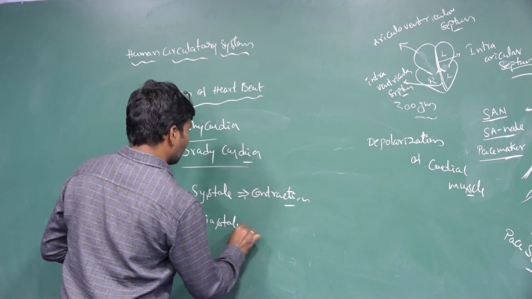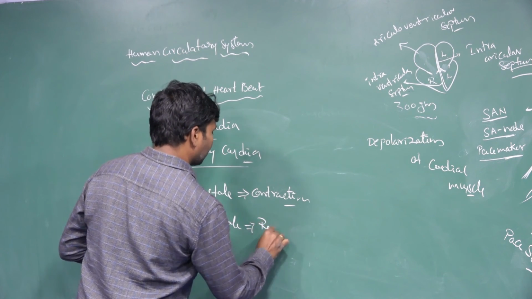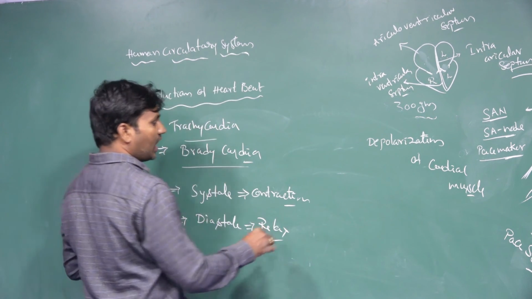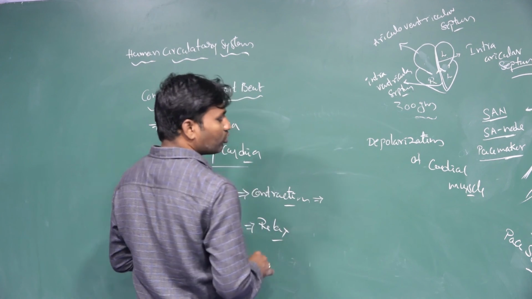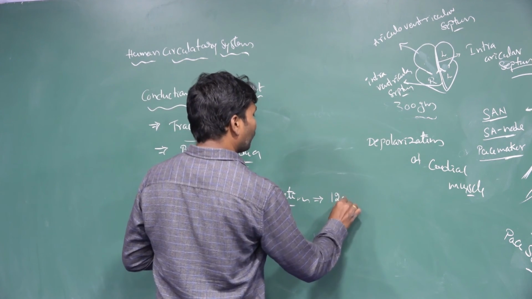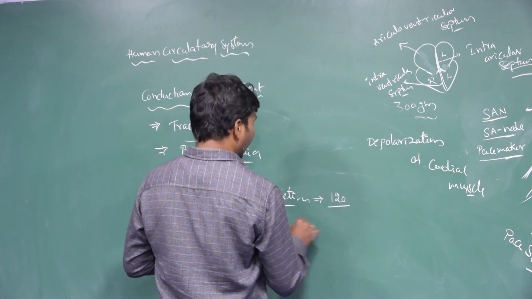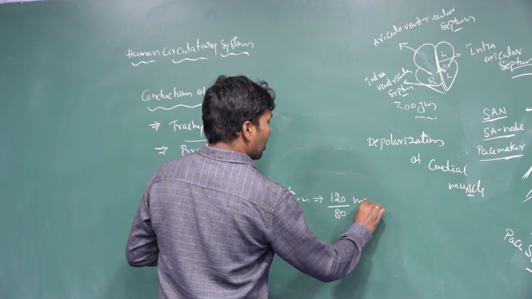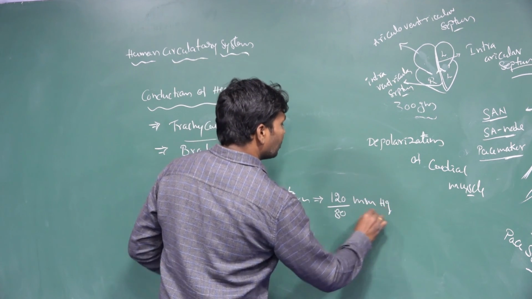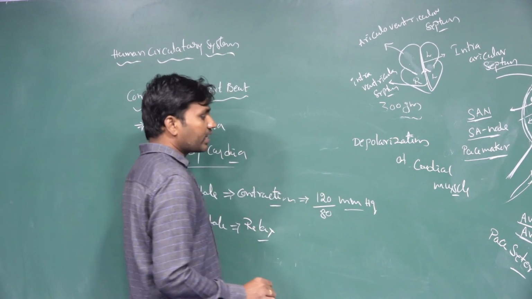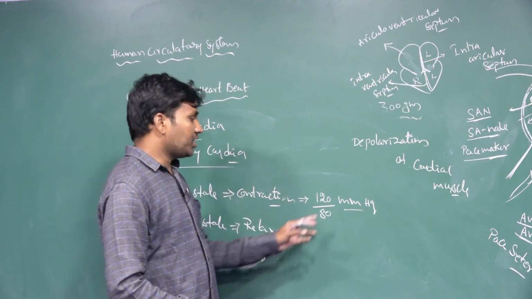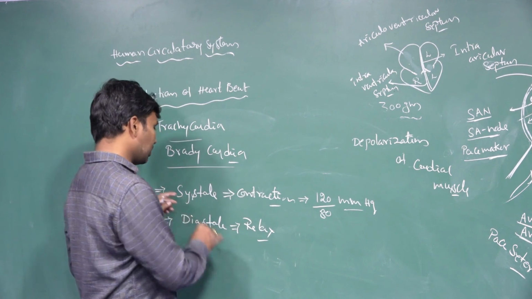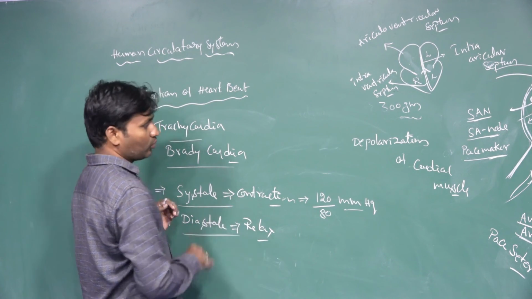Diastole is relaxation, and it also forms a certain pressure. Generally the systolic pressure is 120 and the diastolic pressure is 80, measured in mmHg. So 120 by 80 is how we calculate it: the systolic pressure and the diastolic pressure.